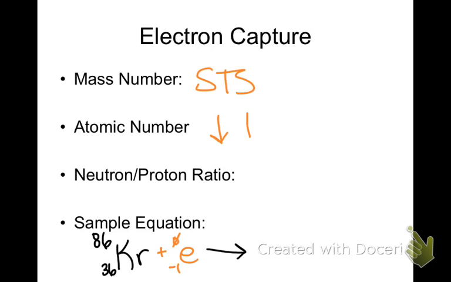So those two combined, and if you can remember that it's a beta particle, it's just being absorbed, then it's going to automatically tell me what I get. So the mass number is going to be 86, 86 plus 0, and the atomic number is going to be 35, because 36 and a -1 make 35, and that gives me bromine.